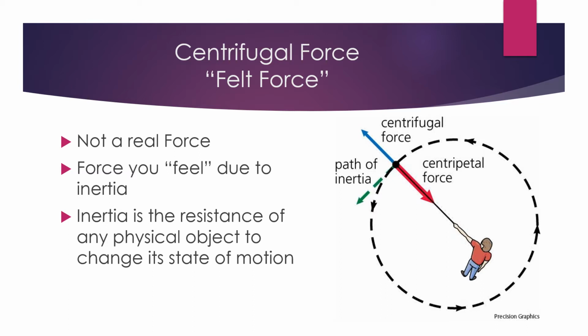An example of this would be, say you're in a car, driving in a straight line, and you all of a sudden need to take a sharp right. Since you're turning to the right, you're turning part of a circle. Any sort of turn, you need a centripetal force in order to complete it. What happens when you turn to the right? Where does your body go? Your body goes against the car door, to the left. It goes the opposite direction that the car is turning.